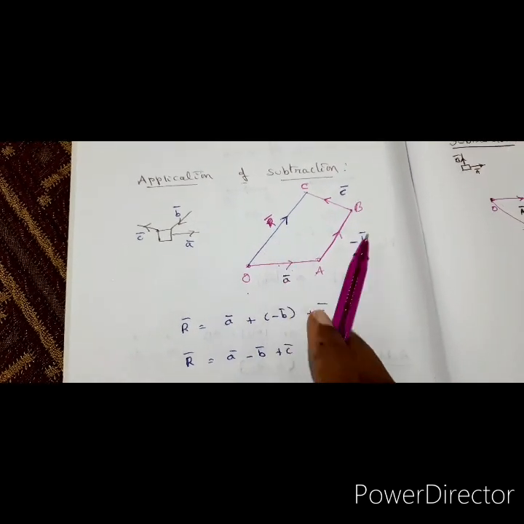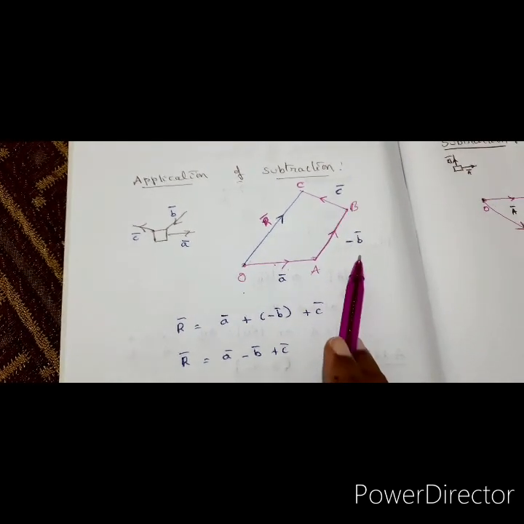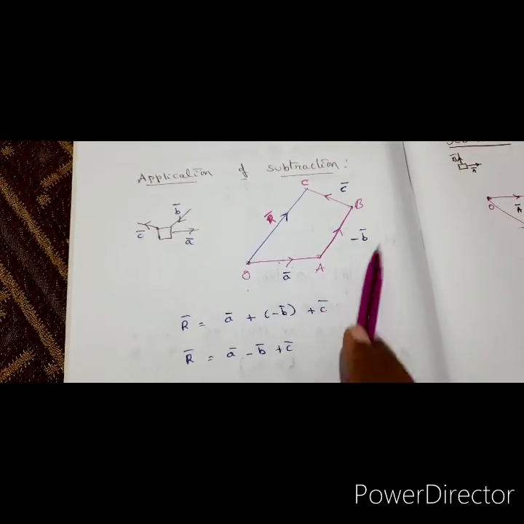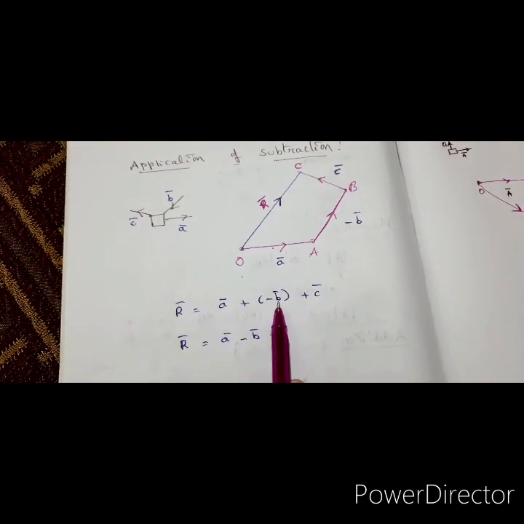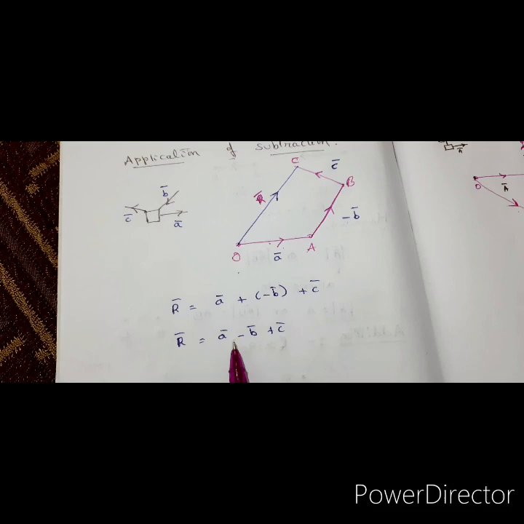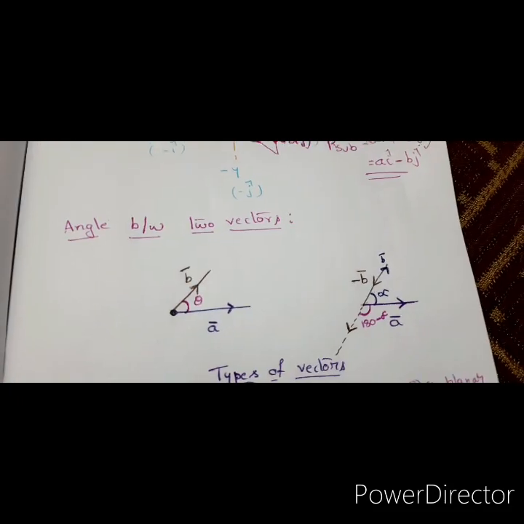This is how you can apply the concept of subtraction of vectors, or rather the concept of negative vectors. So it is A bar plus of minus B bar plus C bar, that is A bar minus B bar plus C bar.